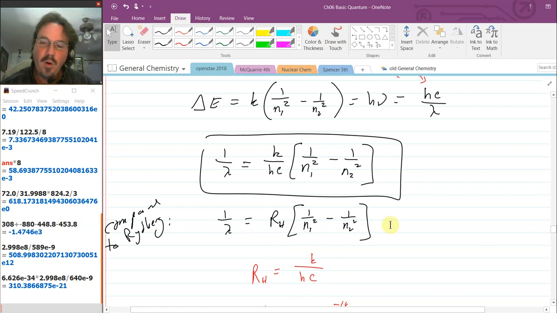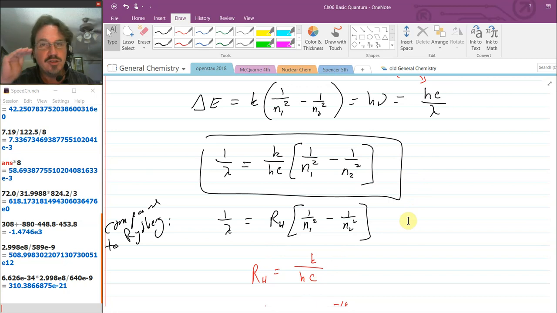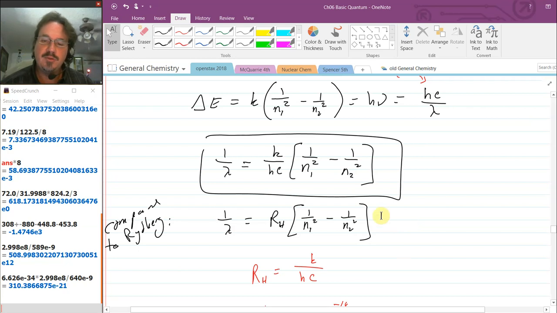And so the Bohr model, if you make those electrons stay in stationary states with certain energy levels, and those energy levels are described by quantum numbers n, 1, 2, 3, 4, and you assign them the energy of negative k over n squared, that model for hydrogen predicts exactly the same thing that we saw with Rydberg.